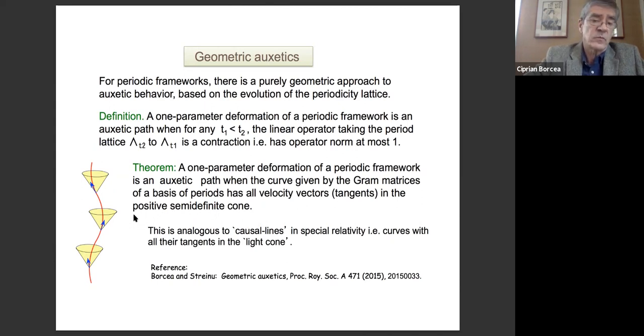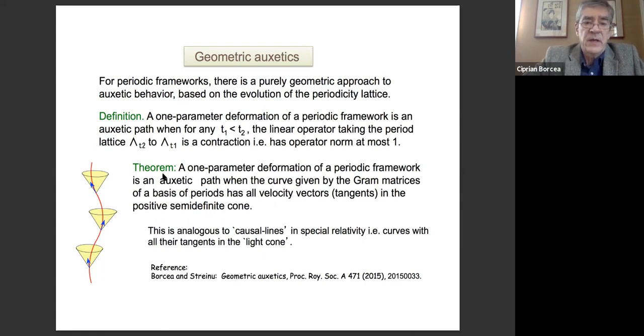In higher dimensions, there's a difference: in relativity, we have the light cone, which is quadratic, but the positive semi-definite cone in dimensions higher than 2 is a more complicated cone, but still a classical object of inquiry.